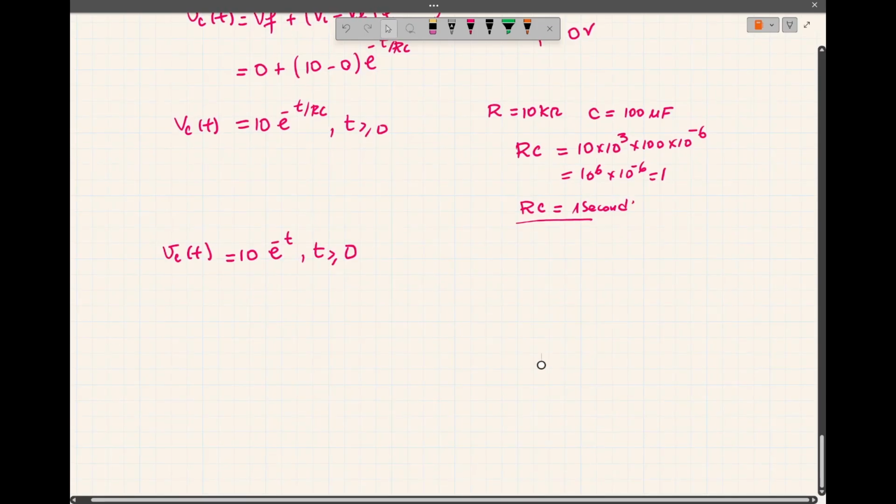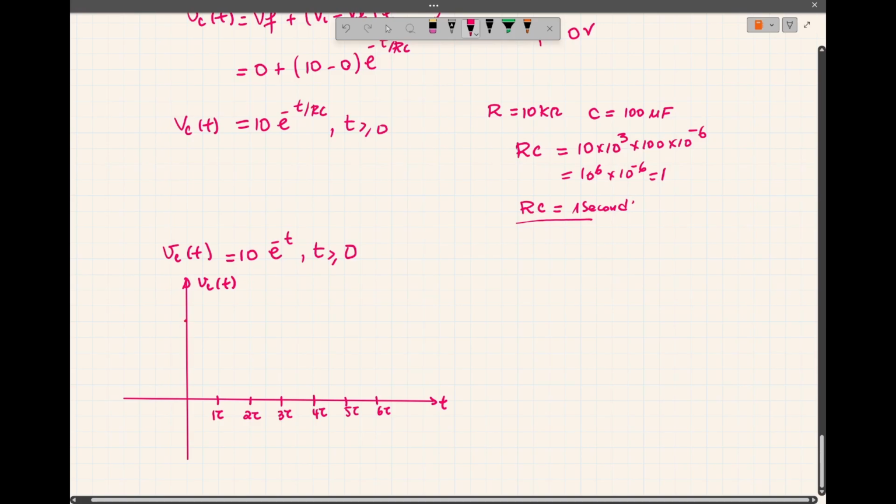So we can sketch this voltage, Vc of t. 1 time constant, 2, 3, 4, 5, 6 time constants.